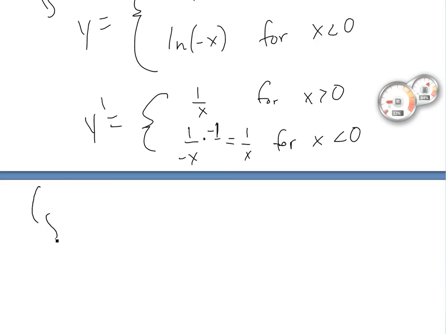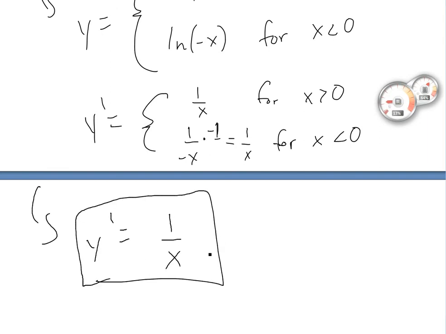So we know that y prime is 1 over x regardless, where y is equal to ln of the absolute value of x. And the derivative is the same as for just ln of x.